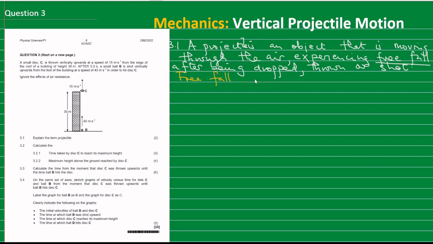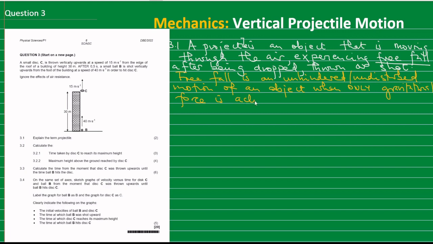Okay, free fall is an unhindered, or you can say undisturbed motion of an object when only gravitational force is acting on the object.